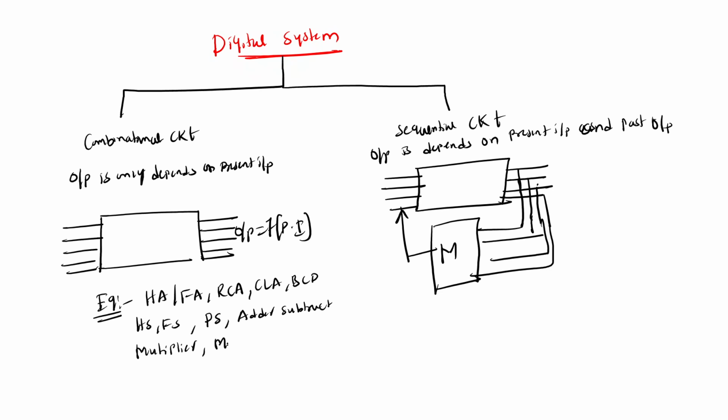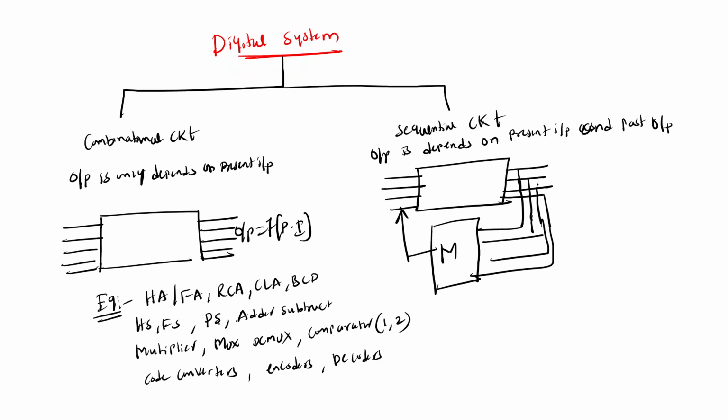Then mux, demux, and comparator, where you will study 1 bit and 2 bit comparators. Next code converters, encoders, and decoders. All these are combinational circuits.